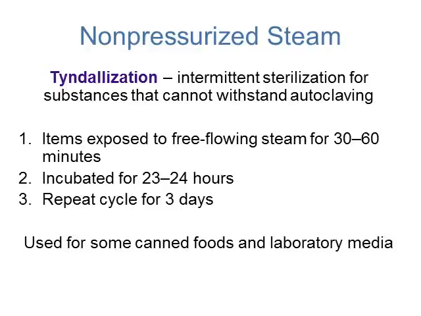Your items are exposed to free-flowing steam for 30 to 60 minutes, and then they're incubated for 24 hours, and then you steam again for another 30 to 60 minutes, and you repeat this cycle for 3 days. This can be used for canned food. It can also be used for some of the laboratory media that cannot go under that high pressure.